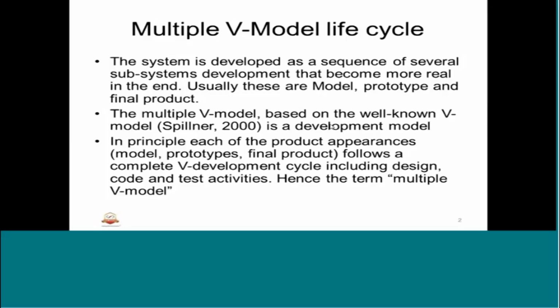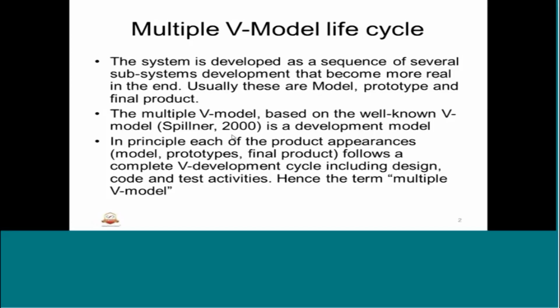The fundamental multiple V model is based on the V model in principle. So each of the product appearances follows a complete V development cycle, including design, code, test activities. That means we have different variants of the prototype developed as a multiple V cycle. So that is why it is called the multiple V model.